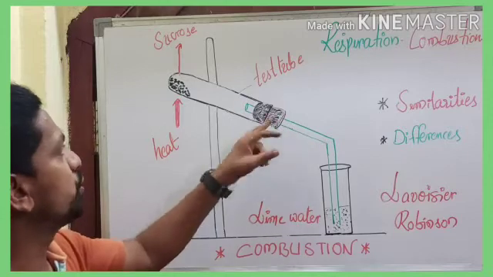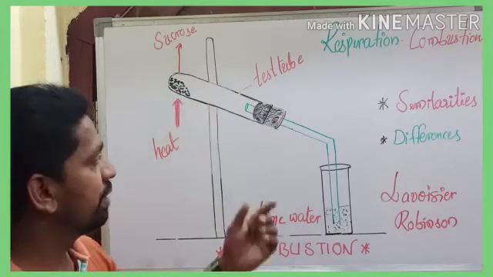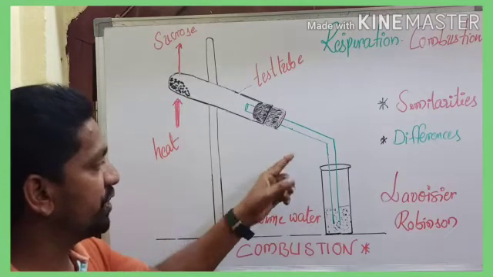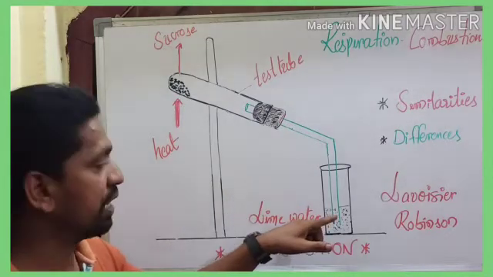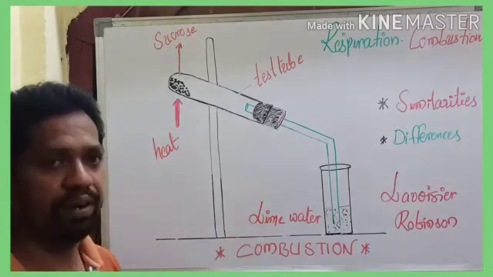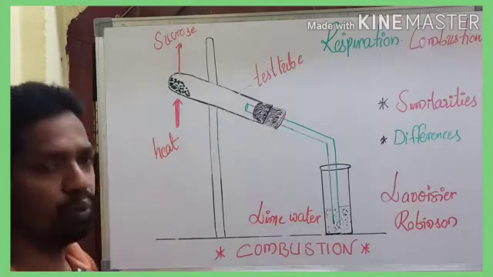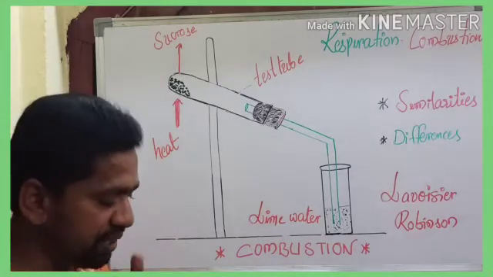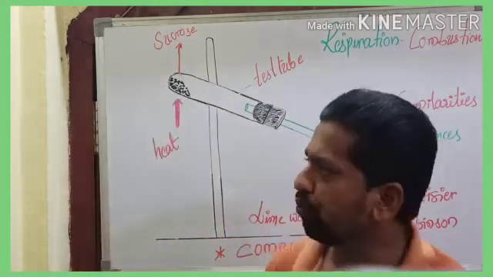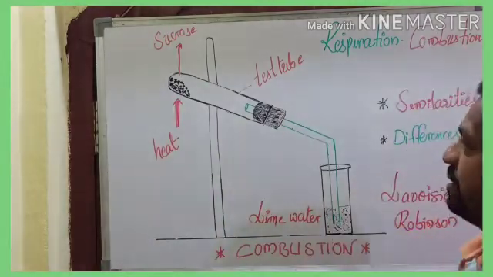Insert one edge into the test tube containing sugar. Insert the second edge into the second test tube, which contains lime water or calcium hydroxide solution. Then gently heat the sucrose and observe the changes. While heating the sucrose, we can see changes.